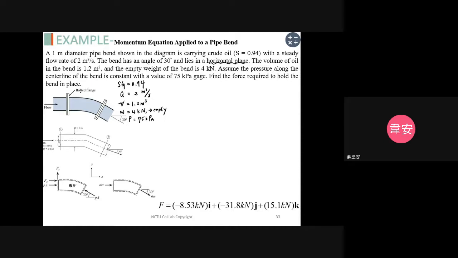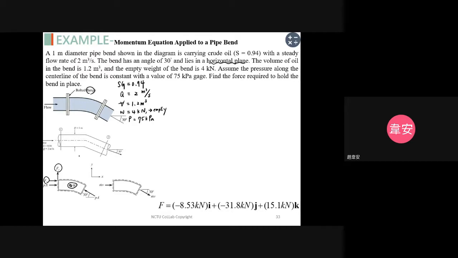So the force will come from the flange, and the flange can hold the pipe so it doesn't move. So for this problem, we see in the force diagram we assume the supported force along the y is Fy, and along the x is Fx. And because the pipe is put on the horizontal plane, the vertical force overcomes the weight.